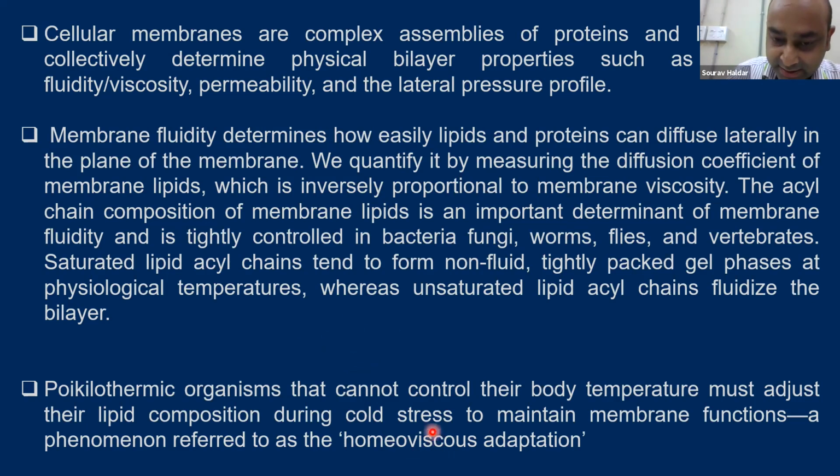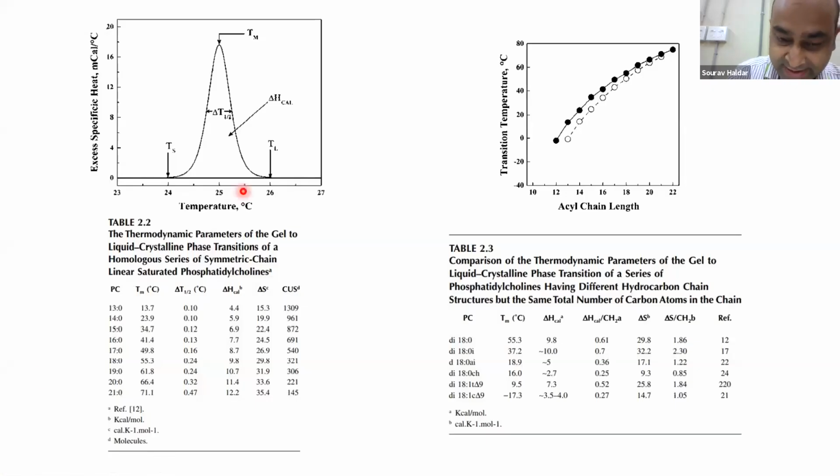It's not that we understand it completely, but for some organisms this has been studied very well. For example, yeast: we can grow yeast at different temperatures, and depending on the temperature its fatty acid compositions will be different, right?